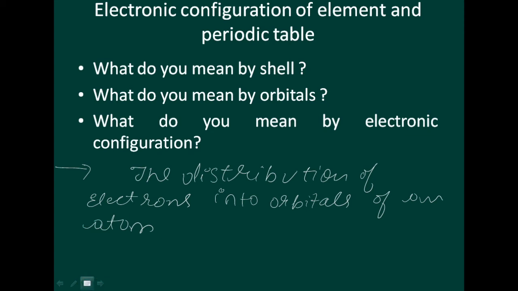It means how we are distributing the electrons into orbitals of an atom. The distribution of electrons into orbitals of an atom is called electronic configuration. An element's location in the periodic table reflects the quantum numbers of the last orbital filled.